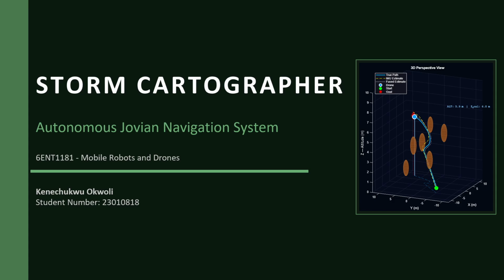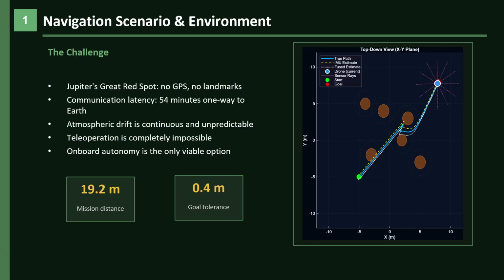StormCartographer is an autonomous Jovian navigation system that utilizes a variable altitude buoyancy drone to navigate Jupiter's Great Red Spot. The challenge for this scenario is that it takes place on Jupiter, specifically the Great Red Spot, which means there is no GPS, and as Jupiter is a gas giant with no surface, there are no landmarks.